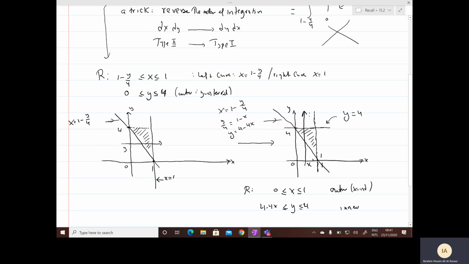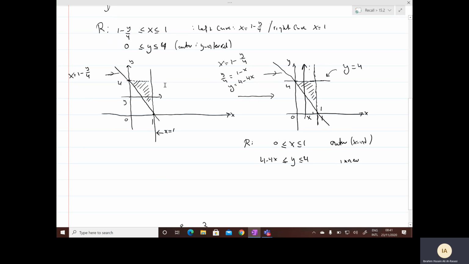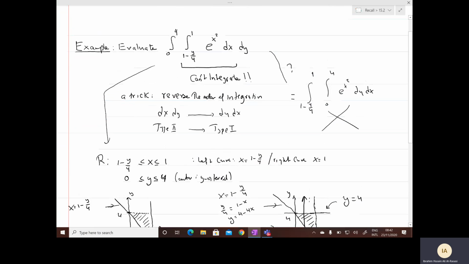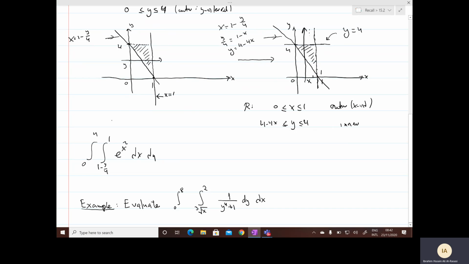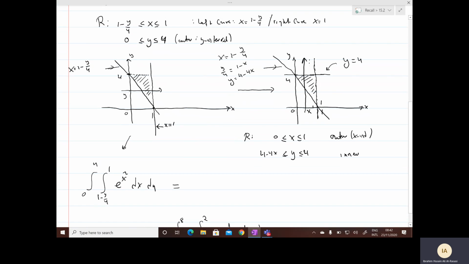Now I have the same region, but I describe it in a different way. So the original integral, which is 0 to 4, 1 minus y over 4 to 1, e power x squared dx dy, is the original integral. Now I reverse, meaning type 2 to type 1.